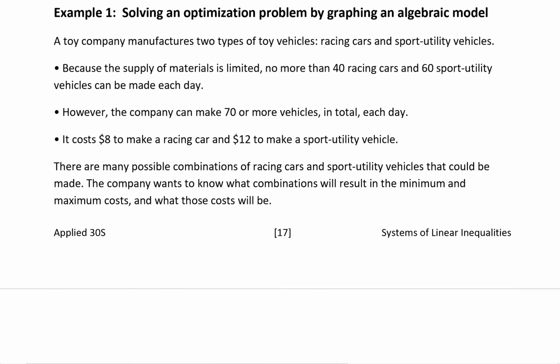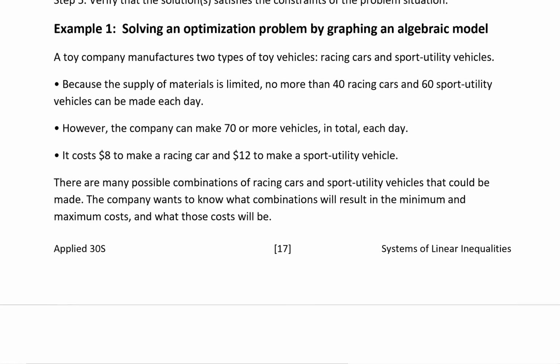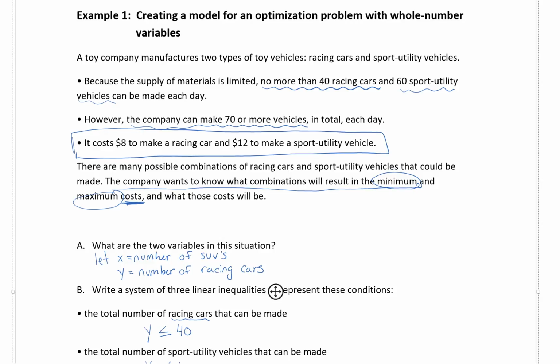In example 1, we're going to revisit a question that we've done previously. If you flip back to page 13 in your notes booklet, we did this example about creating a model with the two toy cars. One's a racing car, one's an SUV.